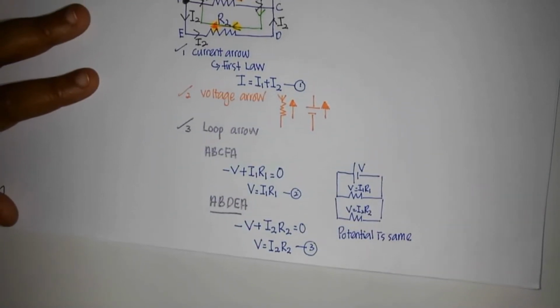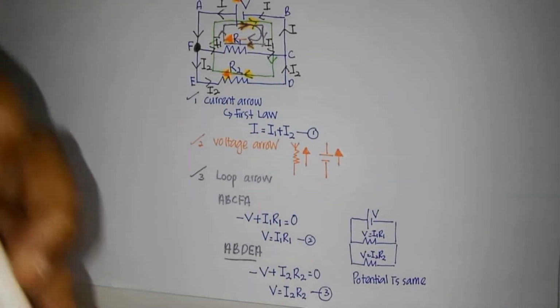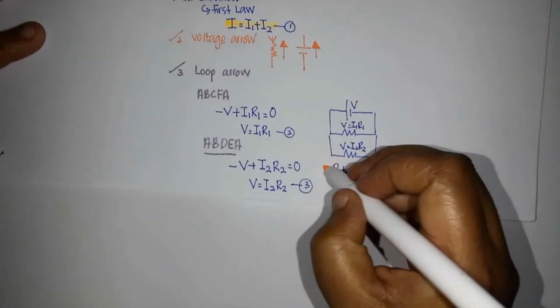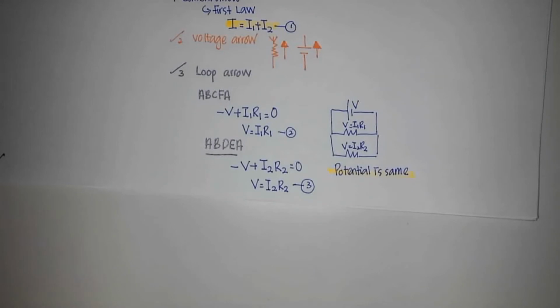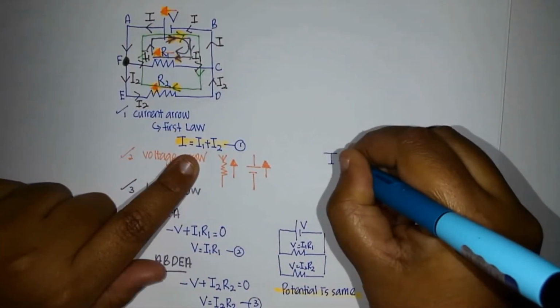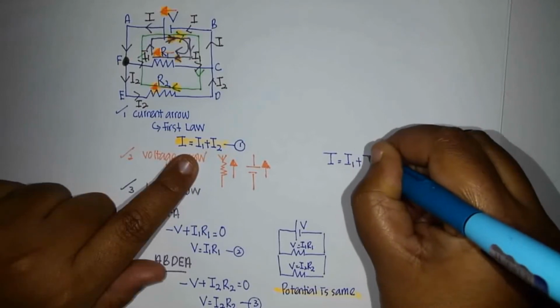And the current will be I equals to I1 plus I2, potential is same. So next what I should do is I have to find my resistance. So I take from here I equals to I1 plus I2.